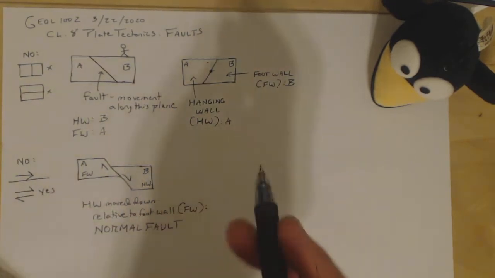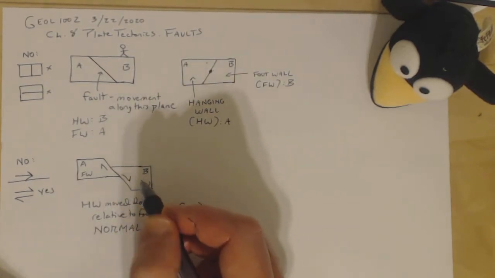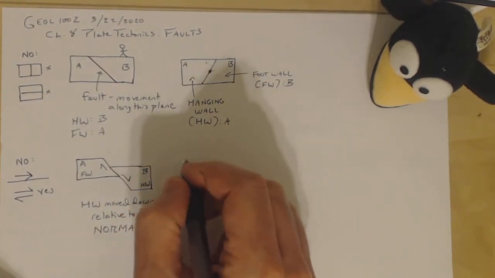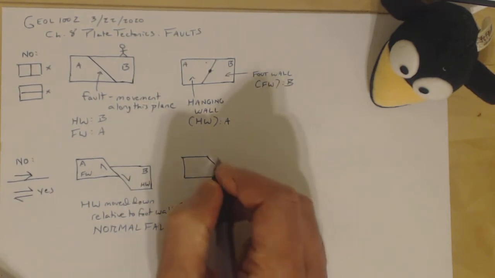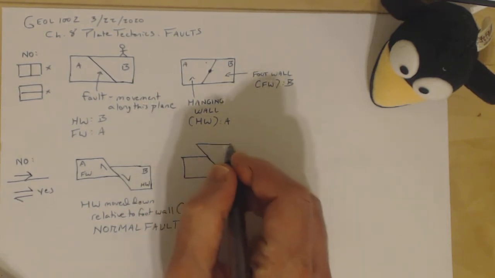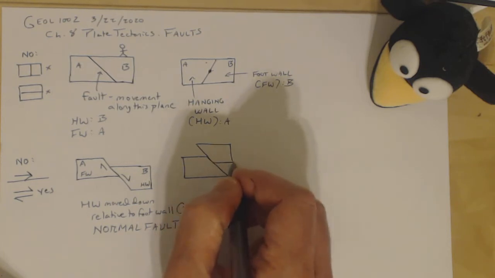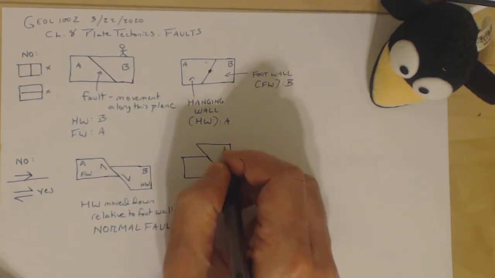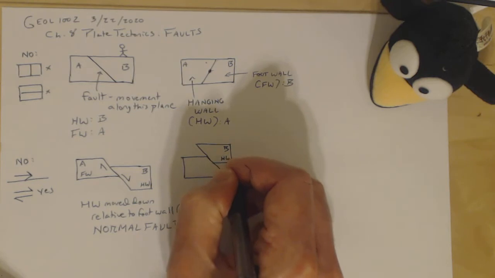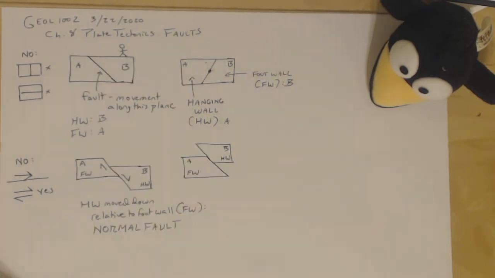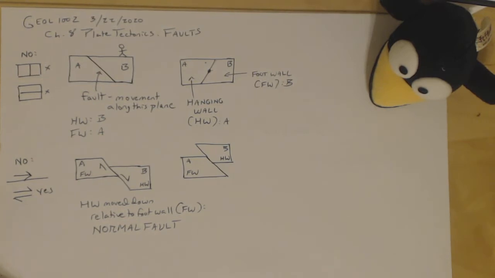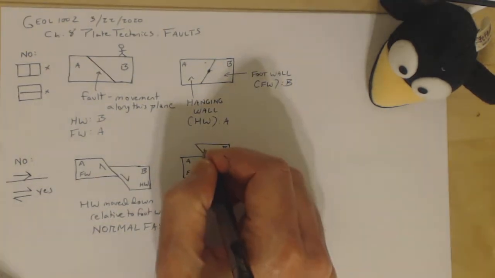You could, of course, have had the opposite happen. Block B, the hanging wall, moves up relative to the footwall. That would look something like this. In which case we draw the arrows like so.